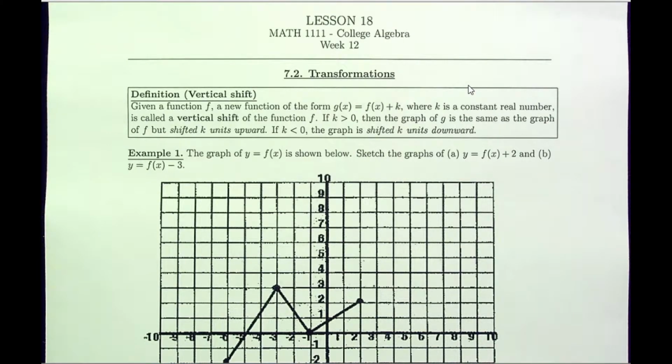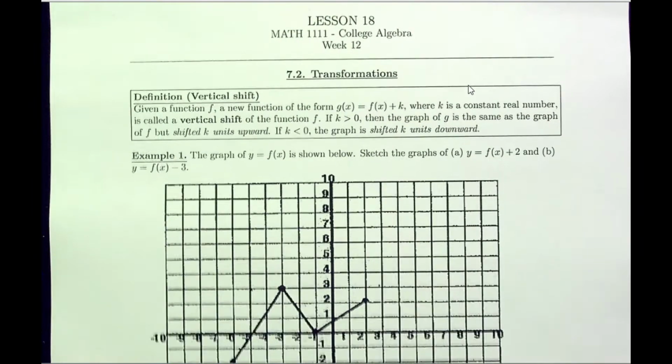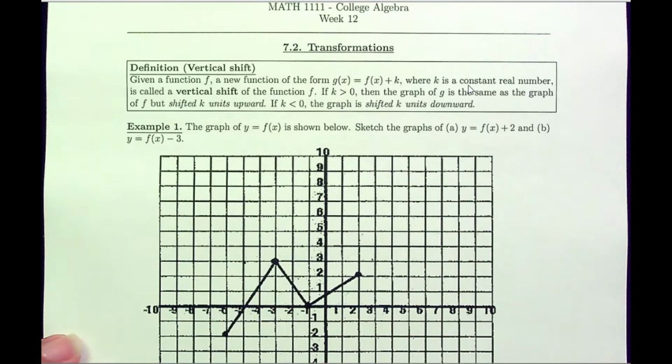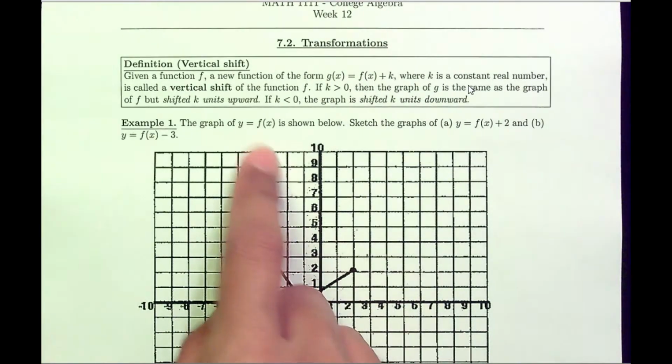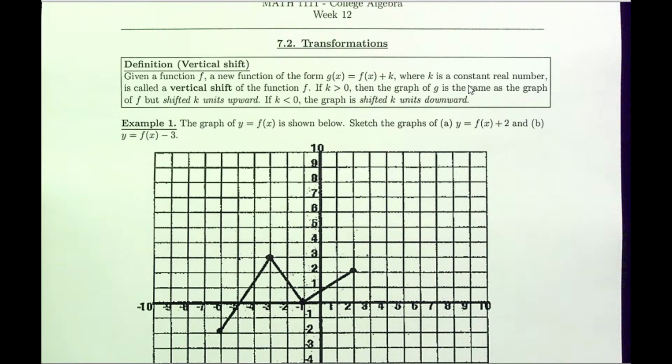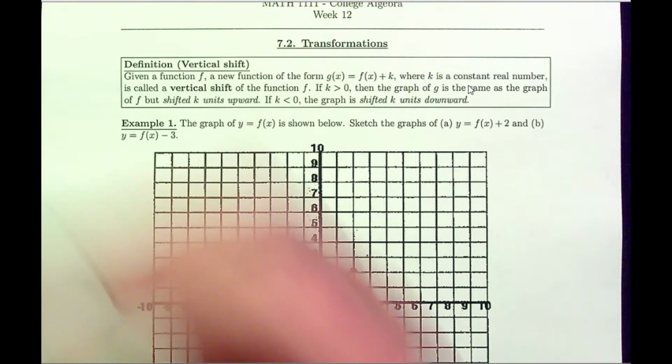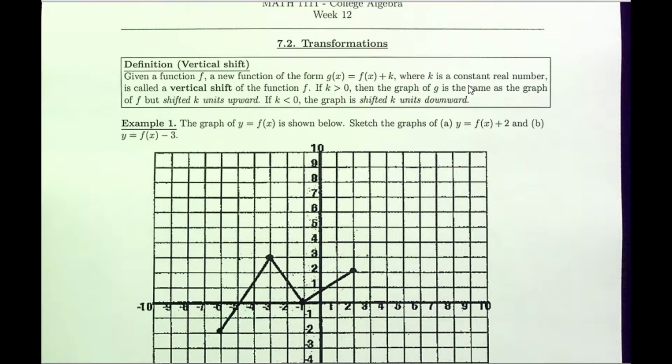Okay. So there's several things you could do to a function. The very first change or modification that you could do to a function or to the graph of the function is to shift it up or down. This is called a vertical shift. Visually, it's just moving the whole thing up or down by a certain number of units.